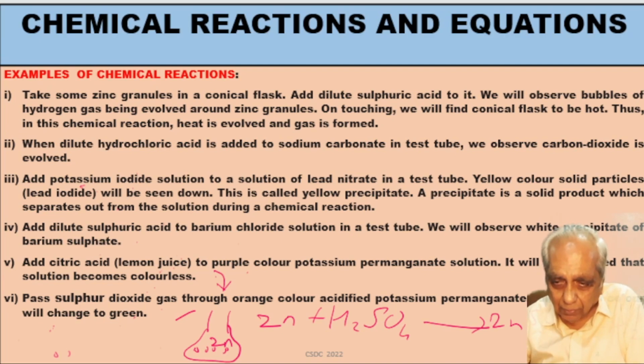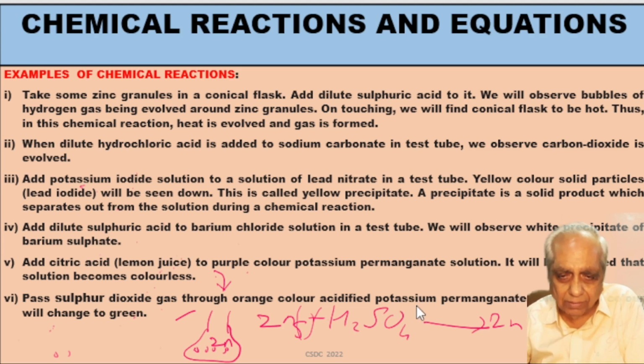Hydrogen gas is coming out, so to show gas, one method is to show the arrow up or to write (g) in brackets. Zinc sulfate is in solution, this is liquid, so we need not add anything, zinc is solid. Sulfuric acid is liquid, so we can write that. So zinc plus sulfuric acid will form zinc sulfate, and this is in solution form, so it is in liquid form.